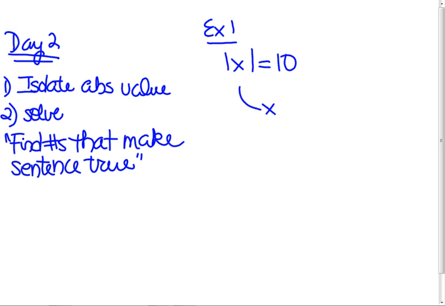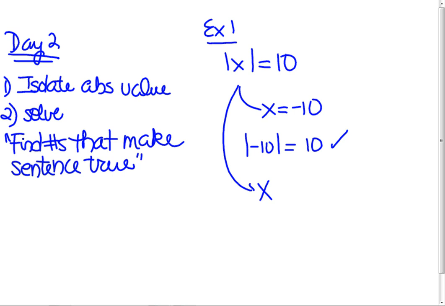Okay. What numbers make this true? Lala says x could be a negative 10. Is that true? Is the absolute value of negative 10 equal to 10? Yes. Okay, you want to find all the numbers that make it true. What's another number that makes it true? 10.